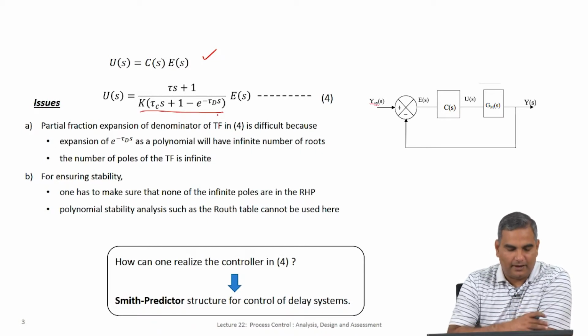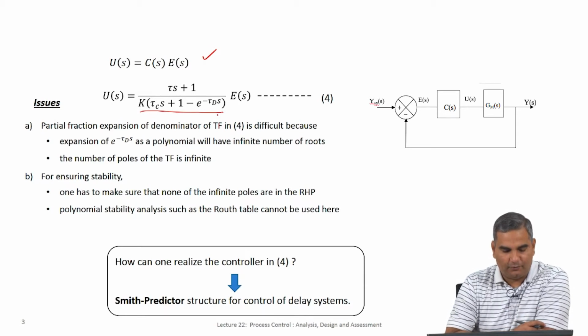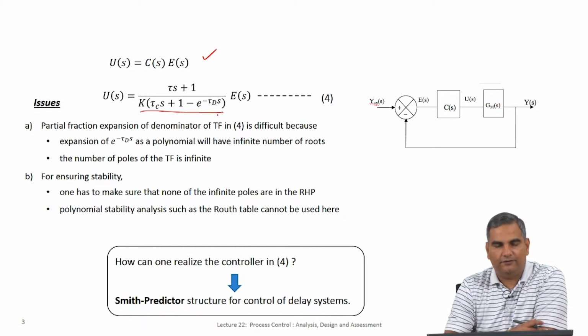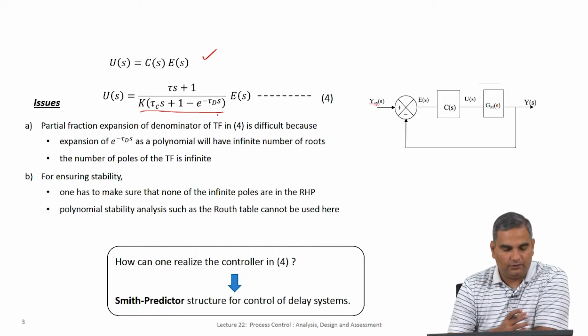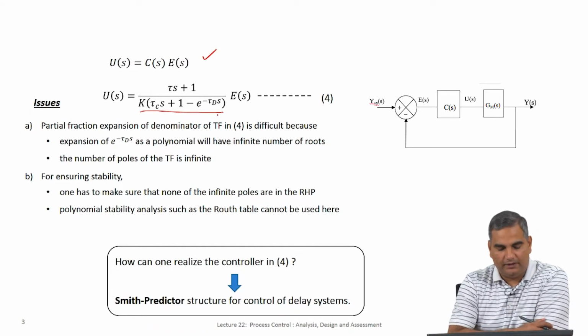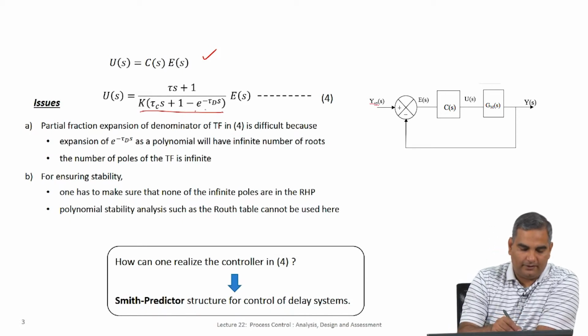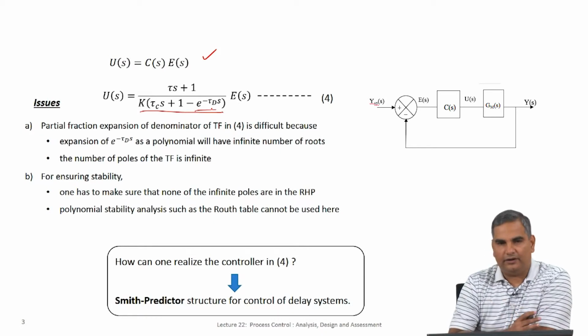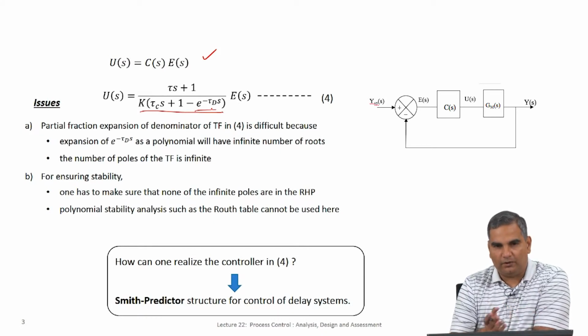I am going to put this back into the partial fraction framework and then ask the question, if I know how to do this when I have a numerator by denominator polynomial, is there some way in which I can convert this to a polynomial so that I can continue to use the techniques and tools that I have in my bag. Okay. So, one way to do this would be to expand this as a polynomial, and we all know that when we expand e power x, you keep adding more and more terms.